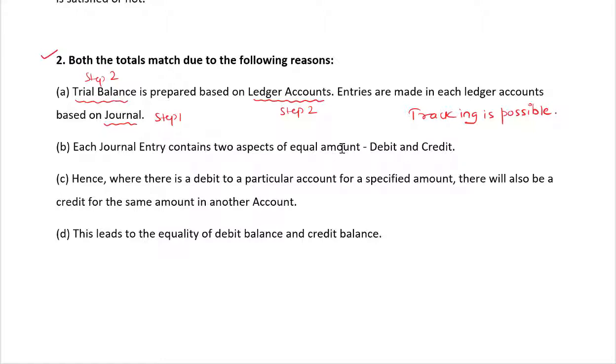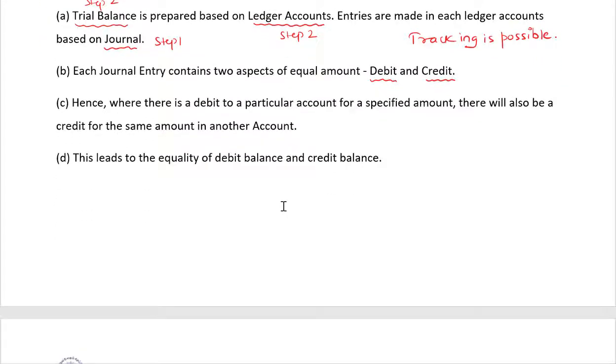Each journal entry contains two aspects of equal amount. One could be a debit aspect, another could be a credit aspect. You should understand over here that the double entry system means that there should be a minimum of two entries. One should be a debit entry and one should be a credit entry. Right? Minimum two.